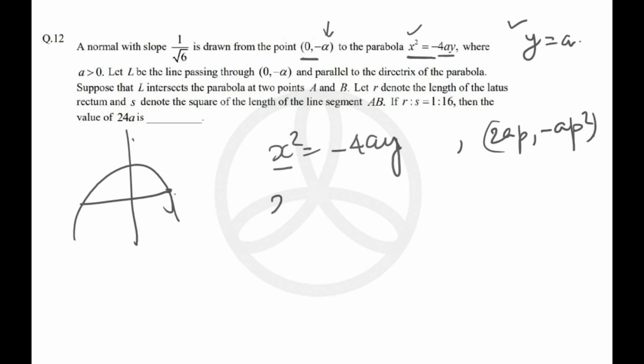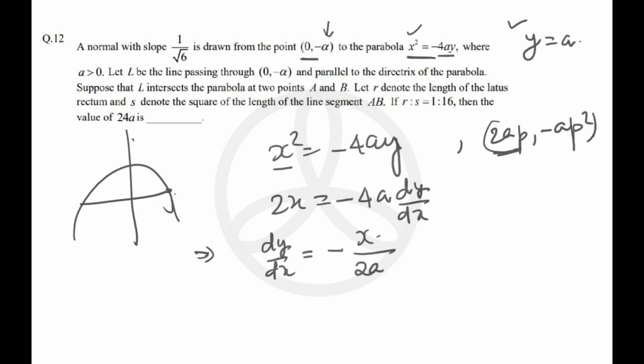So this will be 2x is equal to minus 4a dy/dx, or dy/dx will be minus x over 2a. Substituting the value of x here, we get minus 2ap over 2a, or minus p. This will be the slope of the tangent at this point.